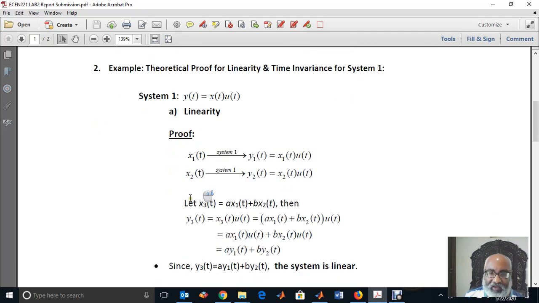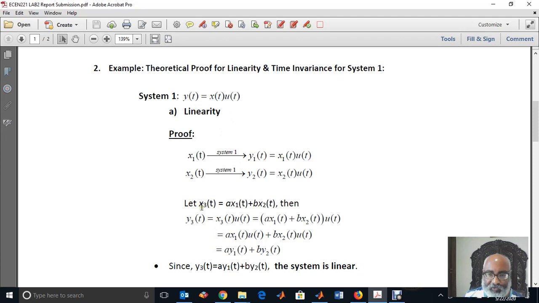Now let's create another input signal, which is a linear combination of x1 of t and x2 of t, equal to a x1 of t plus b x2 of t. If I give x3 of t, what will happen to the output? From the mathematical relation, y3 of t will be equal to x3 of t times u of t.